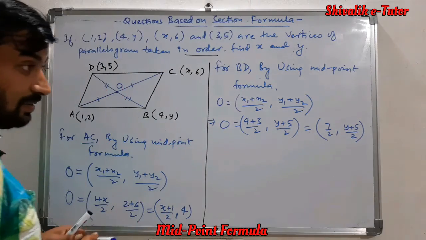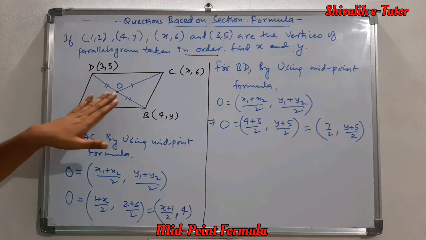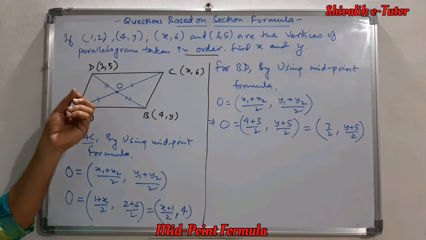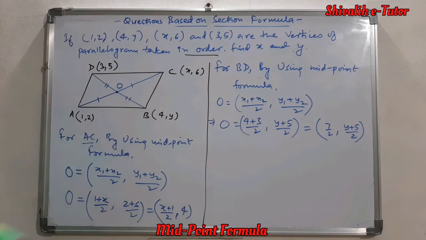But this is not the exact point that we need. By the concept of geometry, these two points, O for AC and O for BD, are the same, as it is the midpoint of both the diagonals BD and AC.